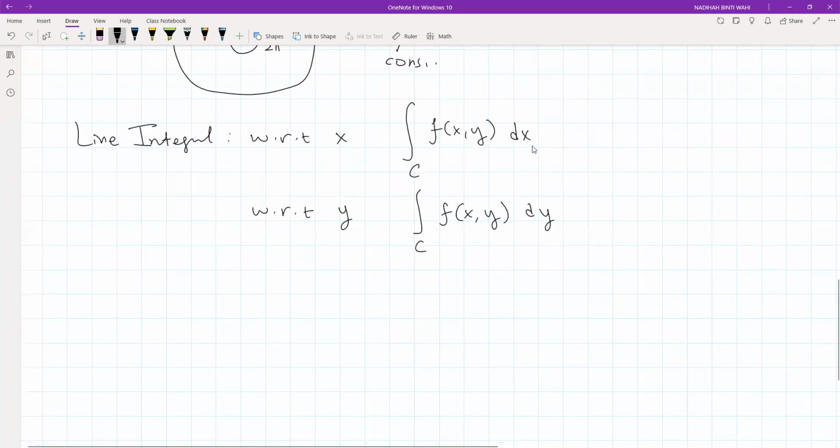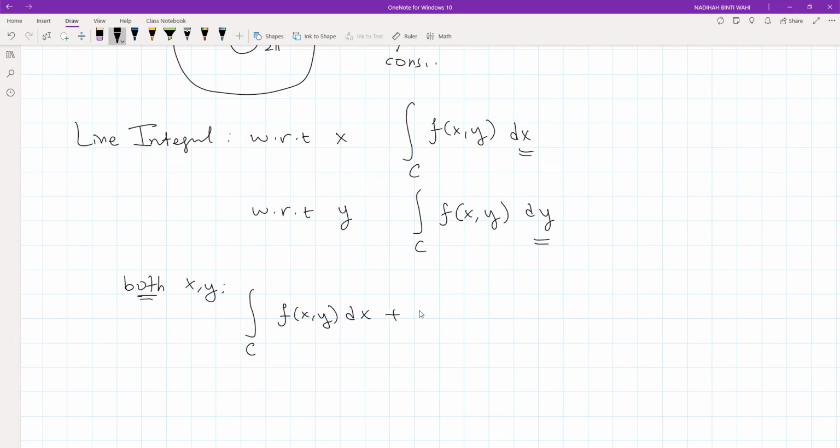The only thing that changes is this. So this is with respect to x. This is with respect to y. Or maybe we can have both x and y. So if you have both x and y, the line integral will be the integral on curve C of f(x,y) dx plus g(x,y) dy.